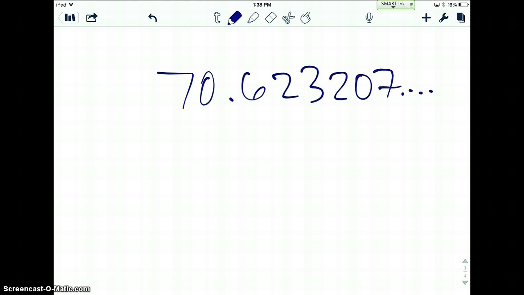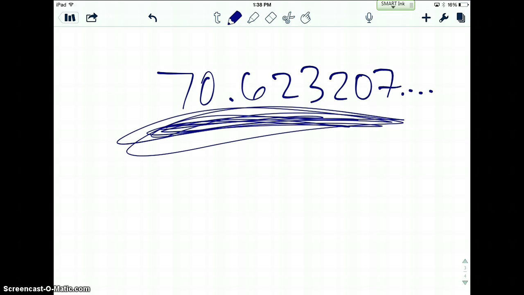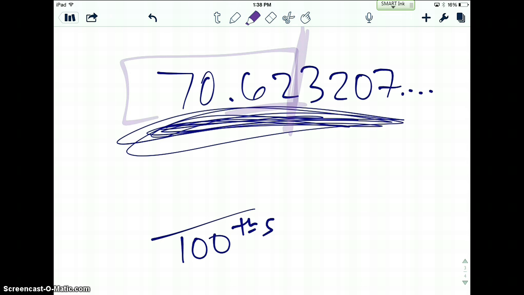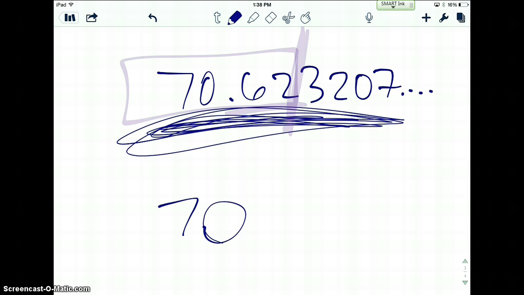Now, this is not as a percent yet. This is the decimal version. So percent means something out of 100. I need to go to the hundredths place. So if I go to the hundredths place, oh my gosh, this is my percent. It increased by 7,062%.